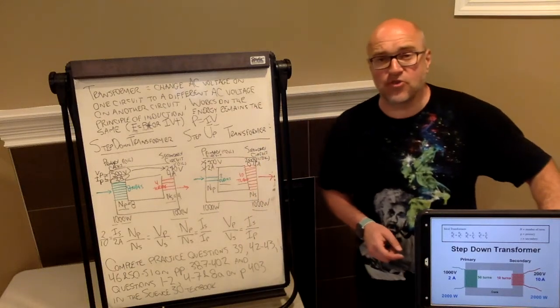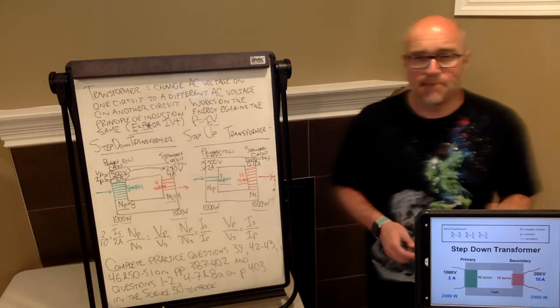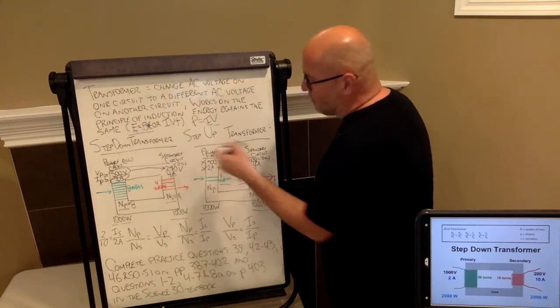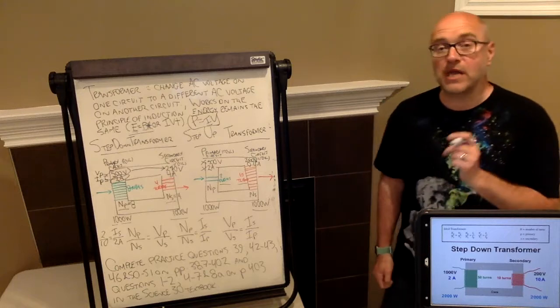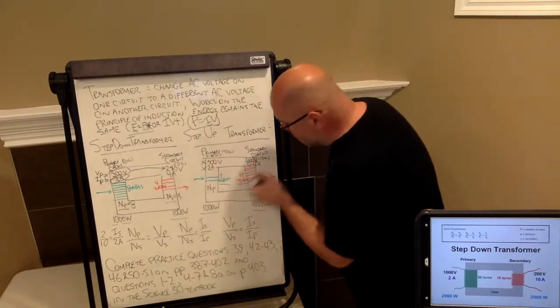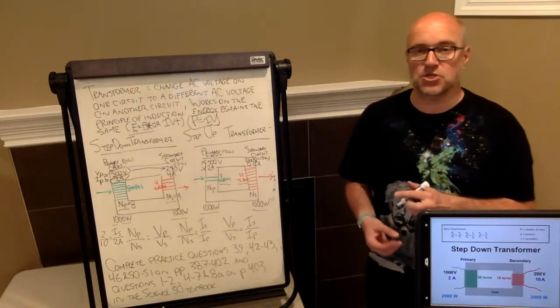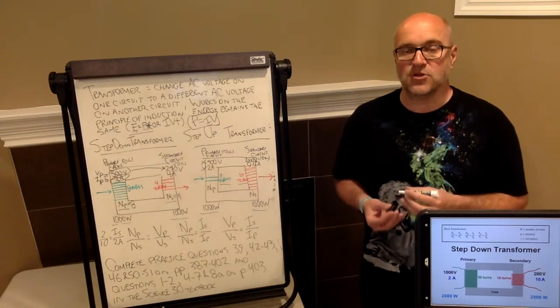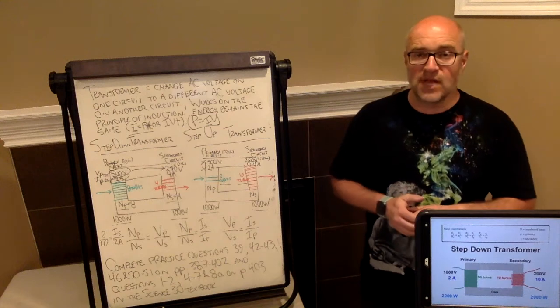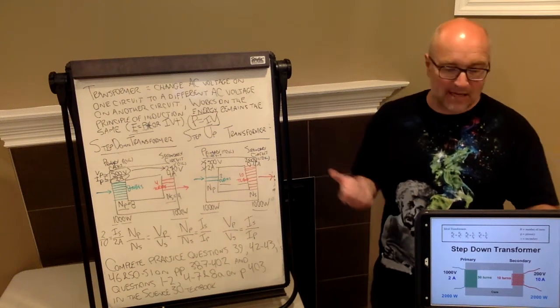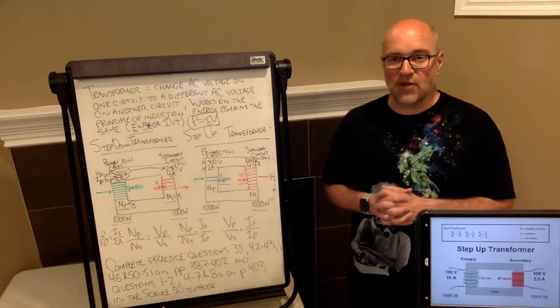So on these questions, you can easily check your work by making sure that voltage times current on each side gives you the same number of watts. Because if the watts have changed, you've done something wrong.